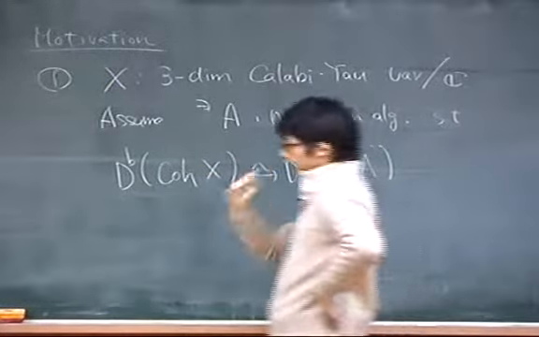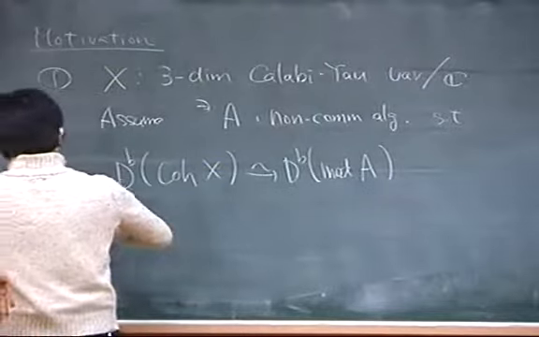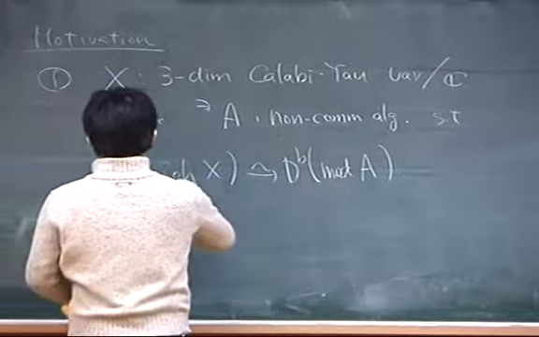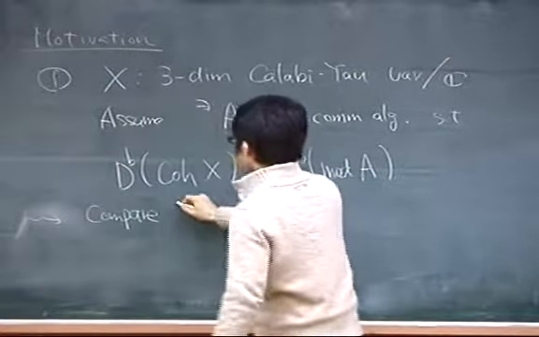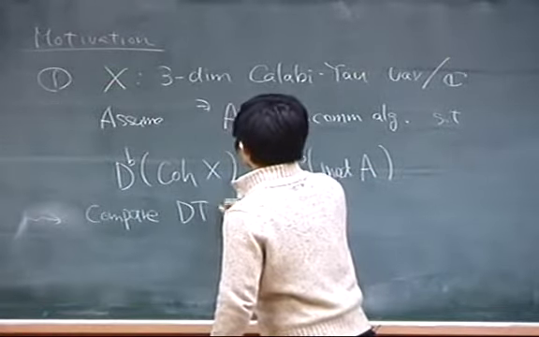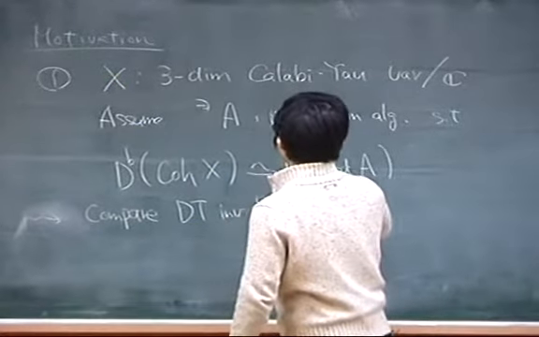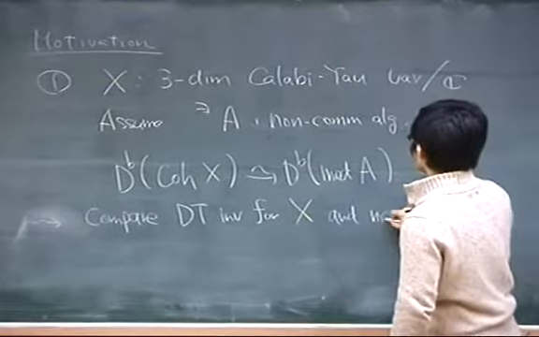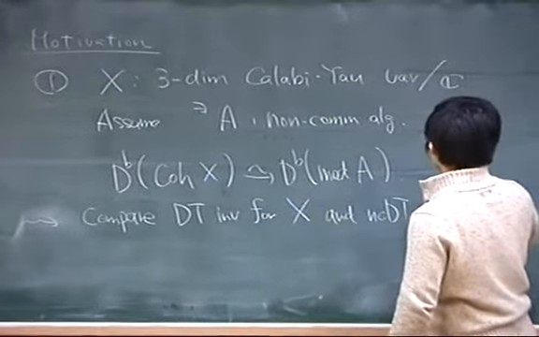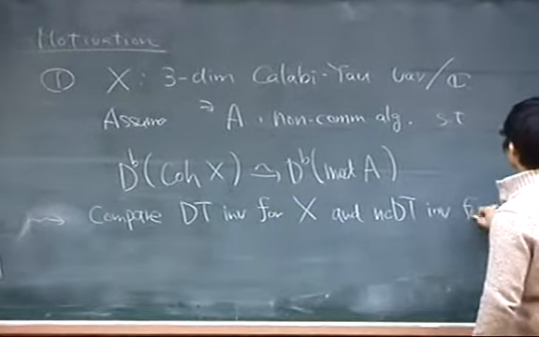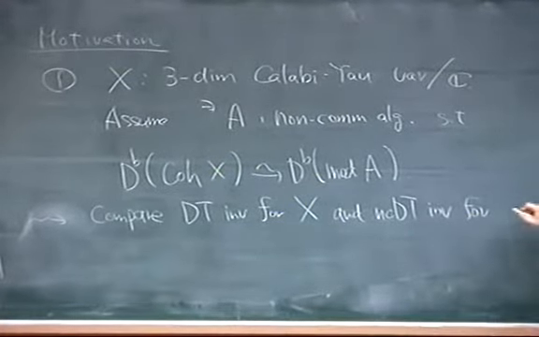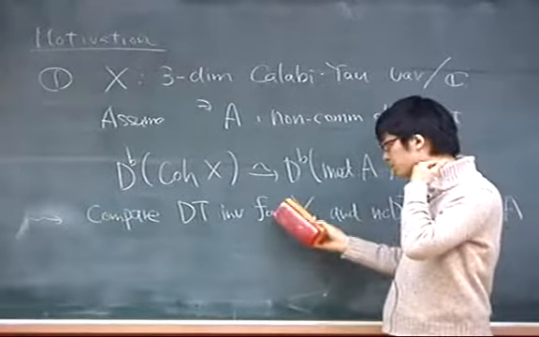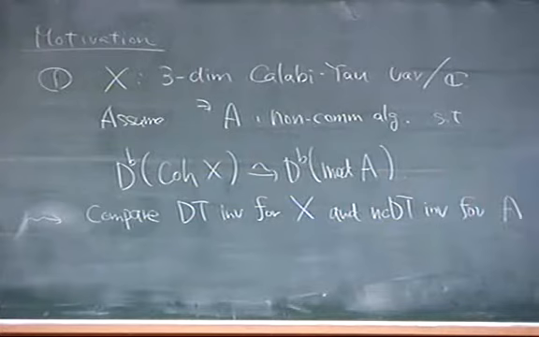Under this setting, his proposal is to compare the Donaldson-Thomas theory for X and non-commutative Donaldson-Thomas theory for A. So Donaldson-Thomas theory for X is counting invariants.